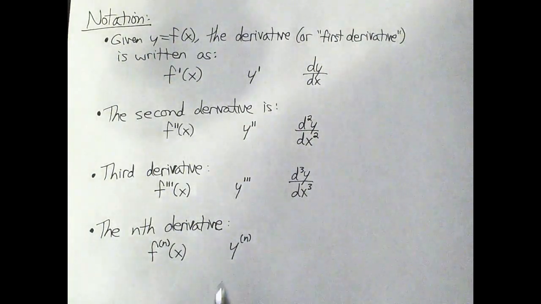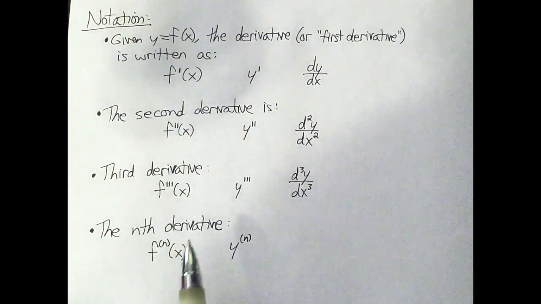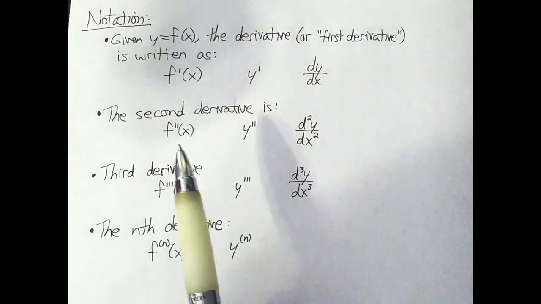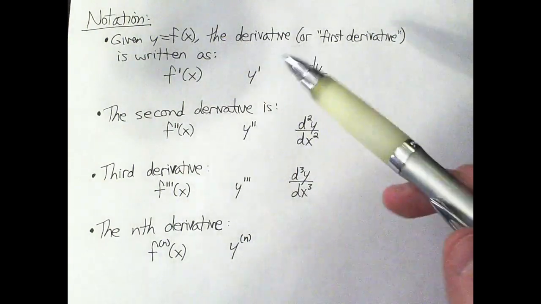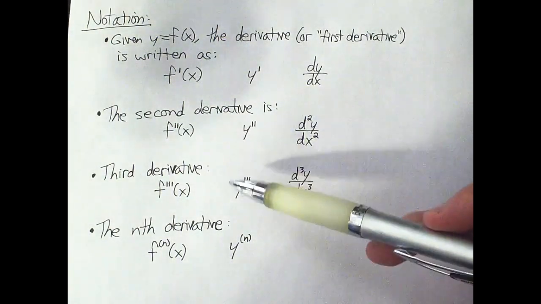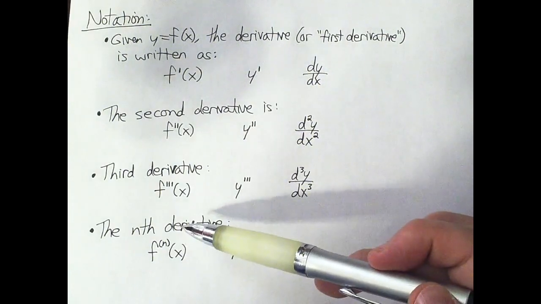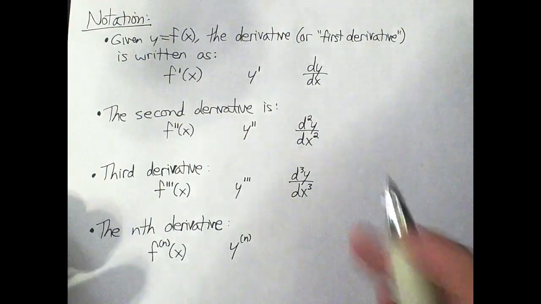And you could use this notation for the third derivative. If you don't want to write the prime symbol 3 times, you could just write parentheses 3. You could use this for the second derivative or even the first derivative if you want. But usually for the first and second and probably the third, we do the prime symbols. And then usually beyond the third one, that's when we start switching over to this notation.